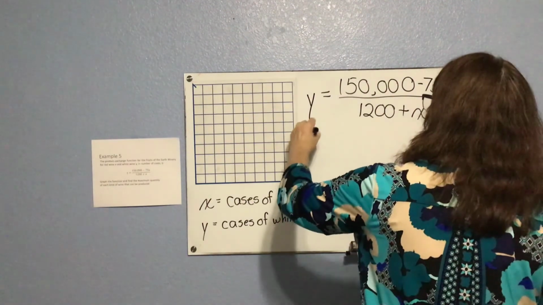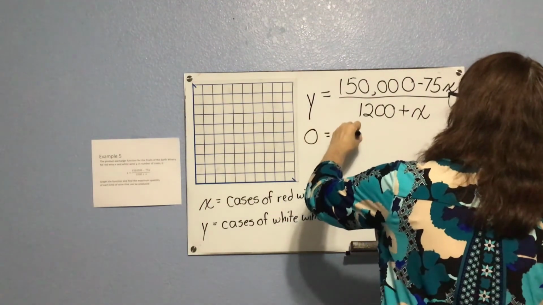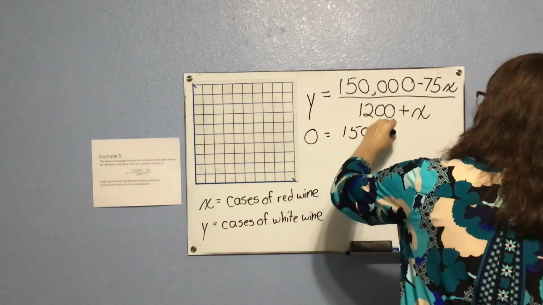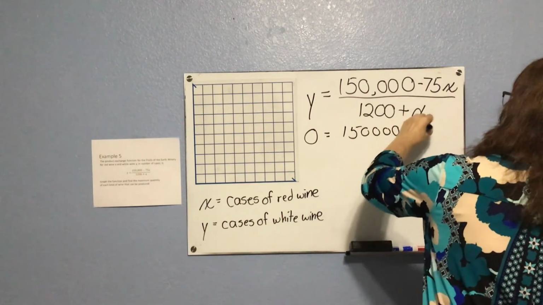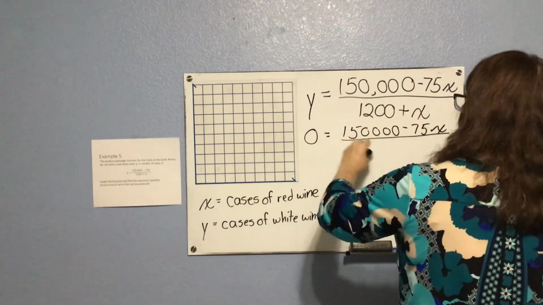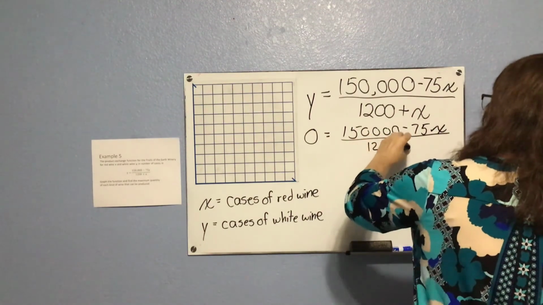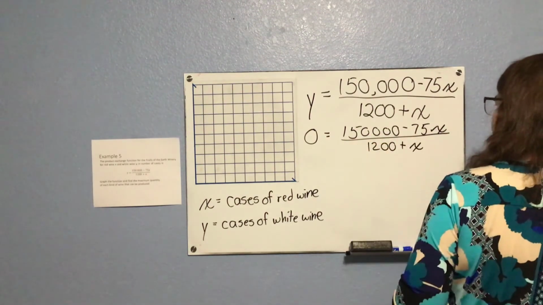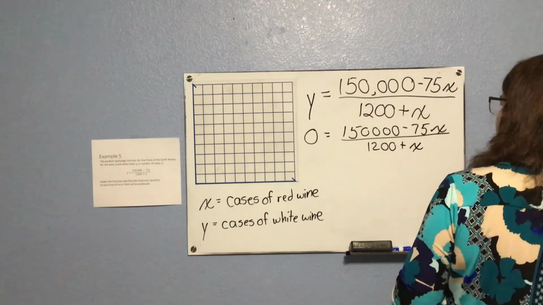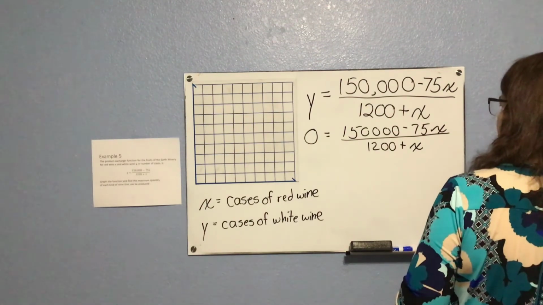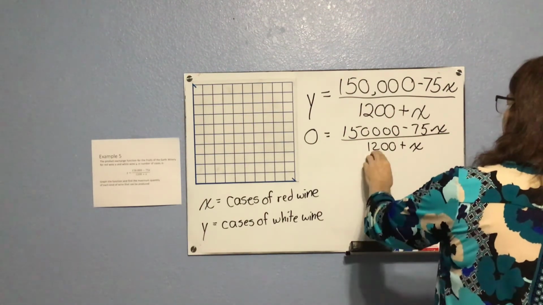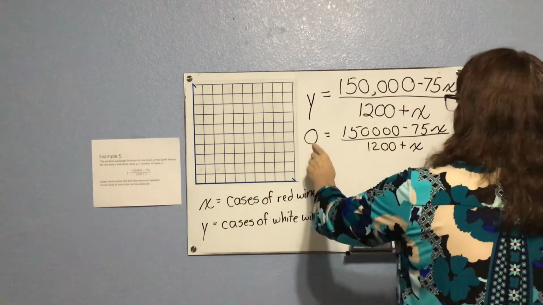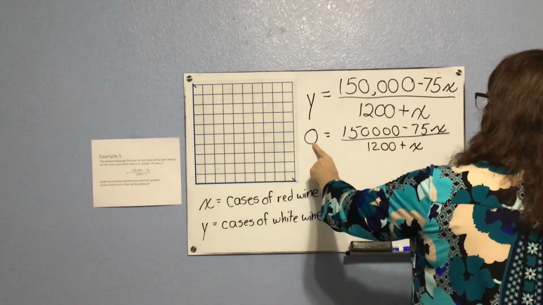So I'm going to let y equal 0. And that means if I multiply by this denominator, this would still be 0.